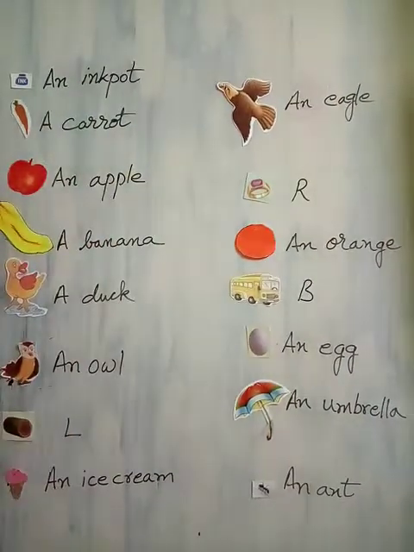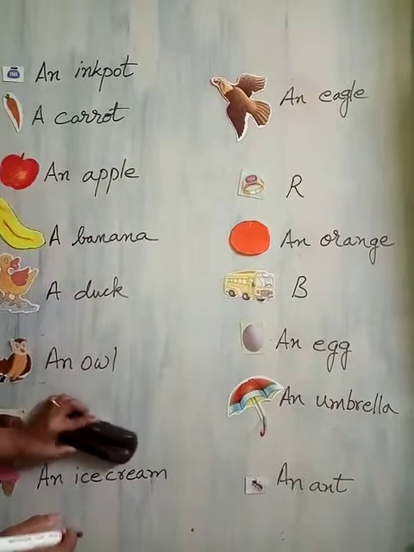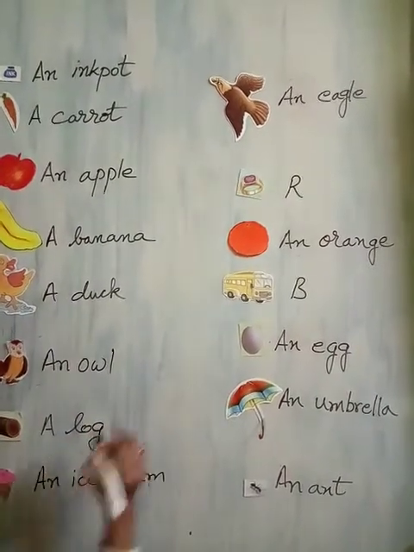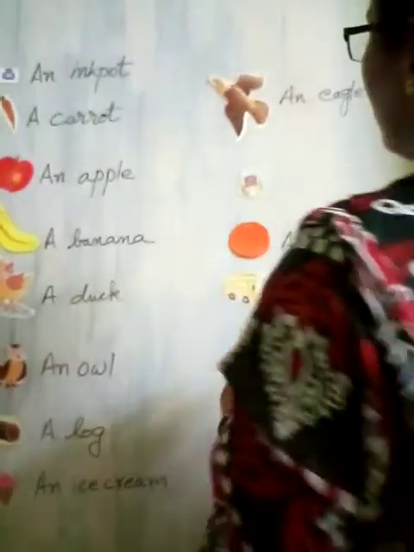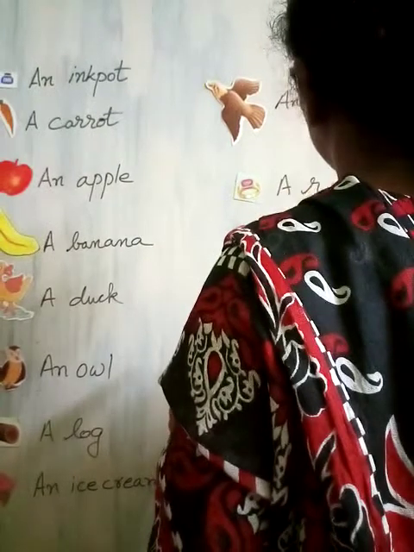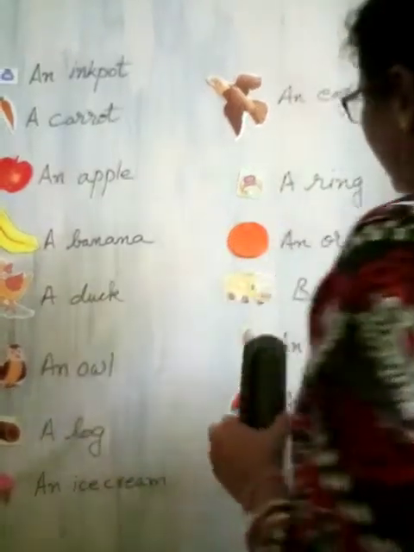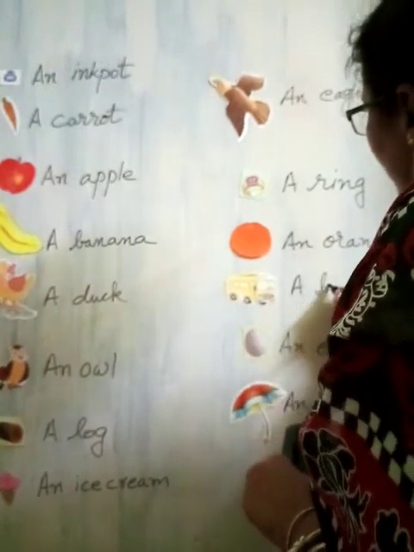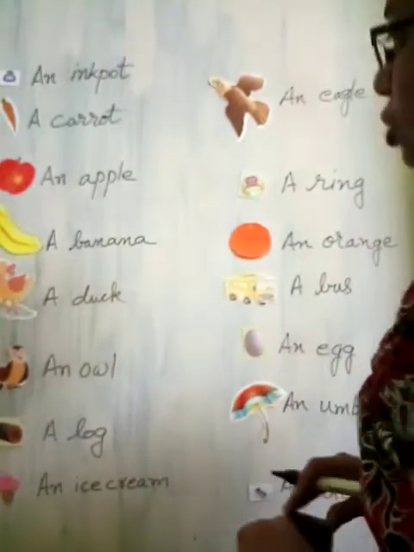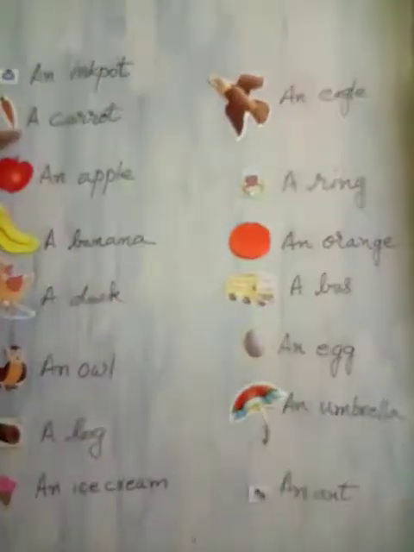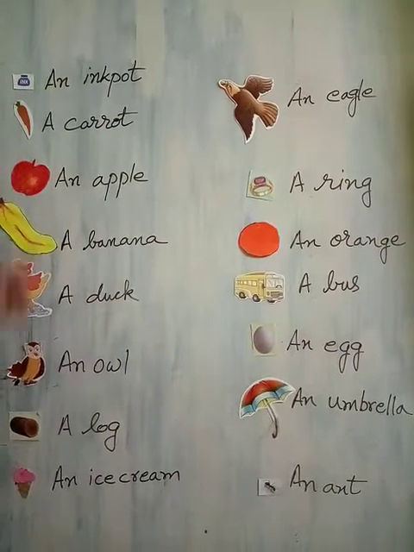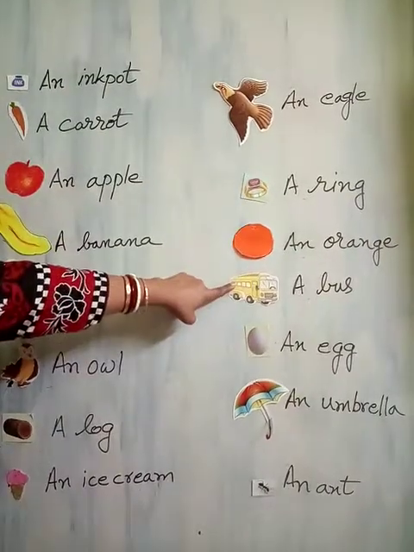Okay? So, the next one is log. So, we are going to write a log. Next, we have ring, R, consonant. So, we are going to write a ring. Again, a bus. So, a carrot, a banana, a duck, a log, a ring, a bus.